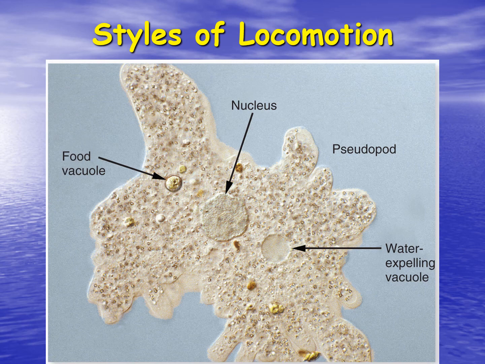So this is an amoeba, and this is the pseudopod. These pseudopods are formed by cytoplasmic streaming, so the cytoplasm will simply move in the direction of the pseudopod, and then everything flows in that direction.